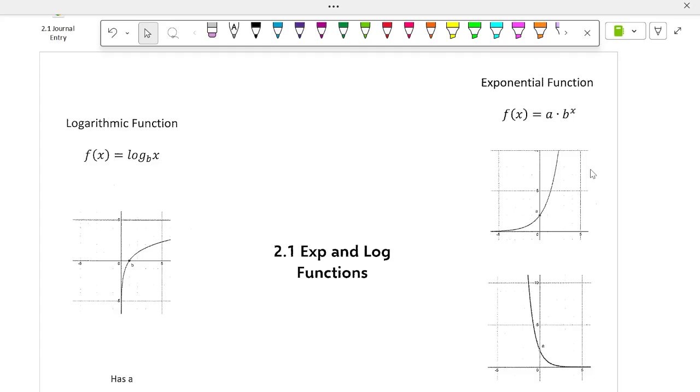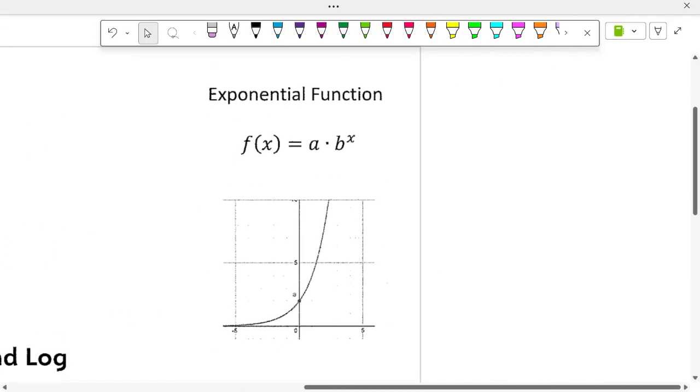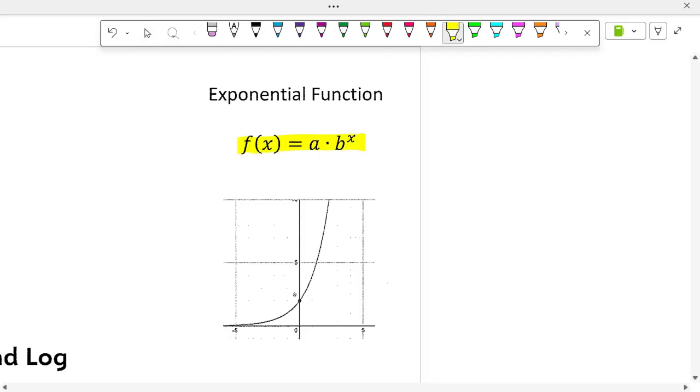All right. Now, with exponential graphs, there are some key features that you need to know. So this is the generic exponential function. A is always going to be your y-intercept, B is always going to be your base.